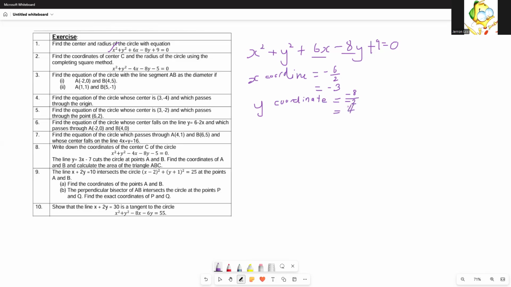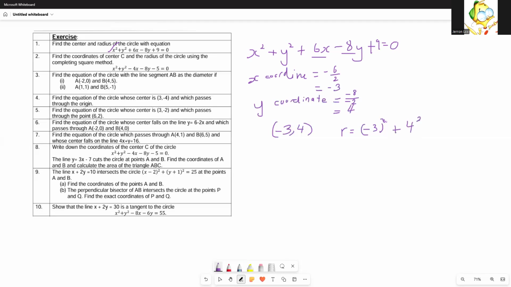So having a look at this, you will realize that the center of the circle has coordinates negative 3, 4. Now for the radius, because we're adding the completed square on the right side, that becomes negative 3 squared plus 4 squared.